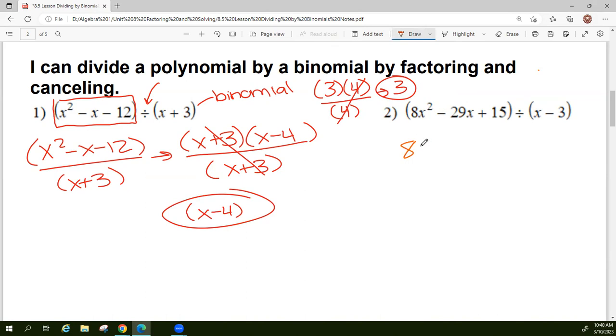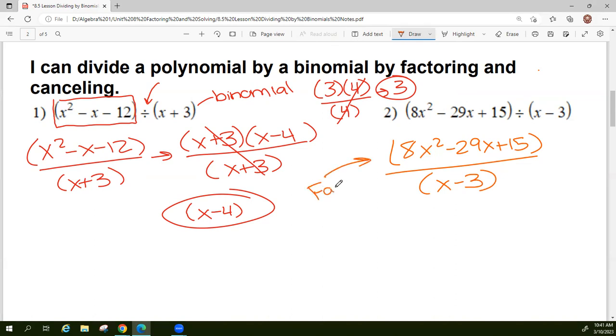So I would always encourage you to rewrite this as a fraction. It helps us see when we can cancel once we factor. So we want to factor this. Again, you can use whichever method you like. You can use the calculator. You can use the old school method I taught. If you are struggling factoring this, do make sure that you have watched and done those lessons. And if you need my help, I'm glad to help you.